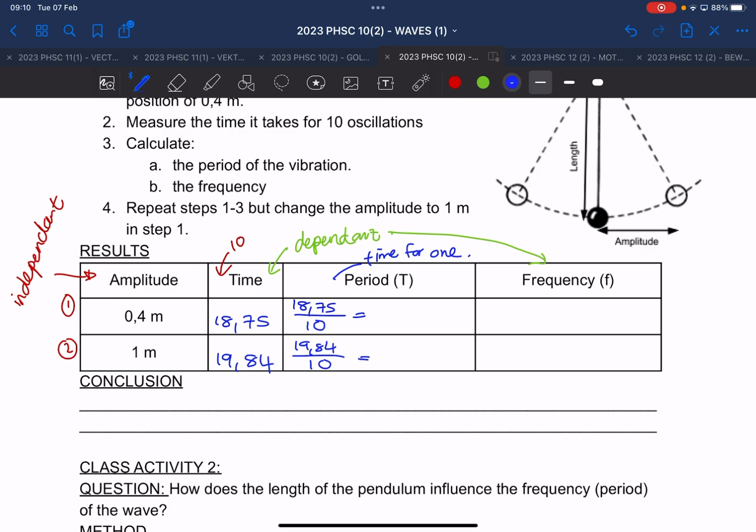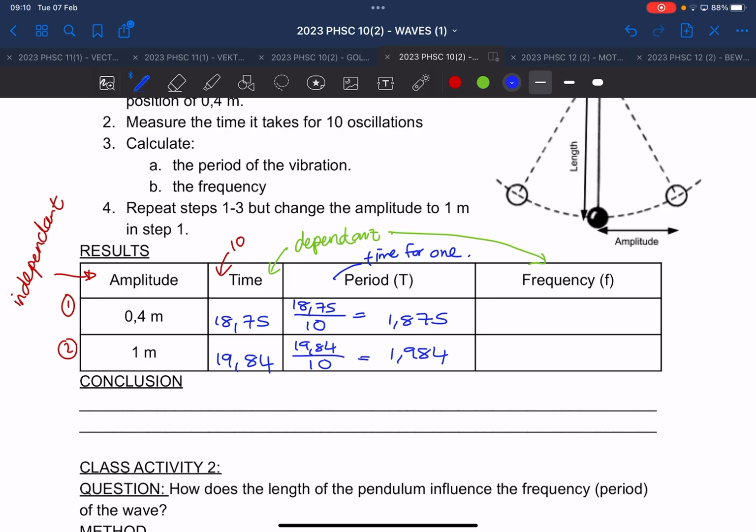It is going to be 1.875, and the second one? No man, in your head. 1.984. Alright, so that was the period, the time for one oscillation. It's almost 2 seconds.